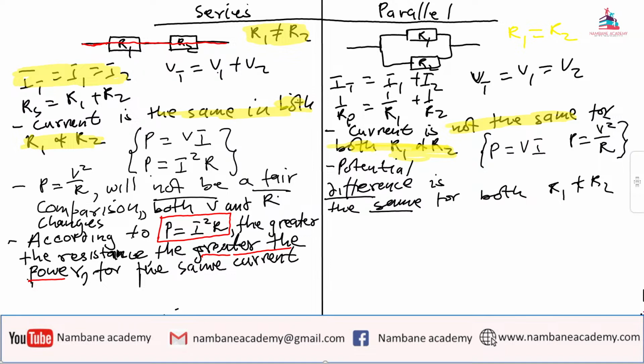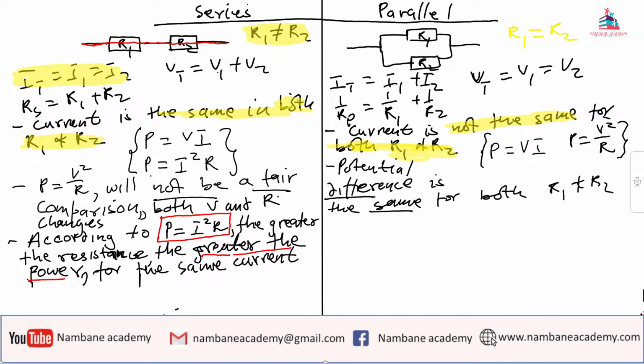So it basically says the brightness in series is influenced by the bigger the resistor. So if I want more power, I must have now what? A resistor connected in series that will give me now what? A bigger power.